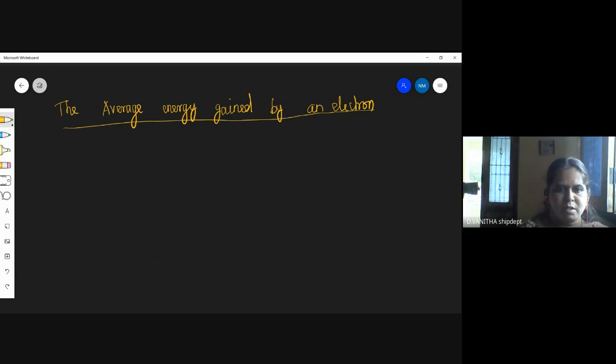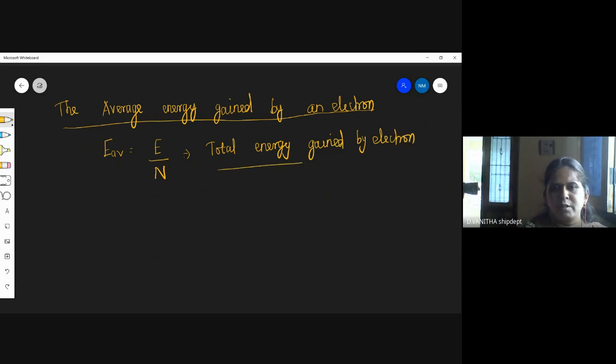This can be written as E average is equal to the total energy gained by the electron divided by the number of revolutions taken.